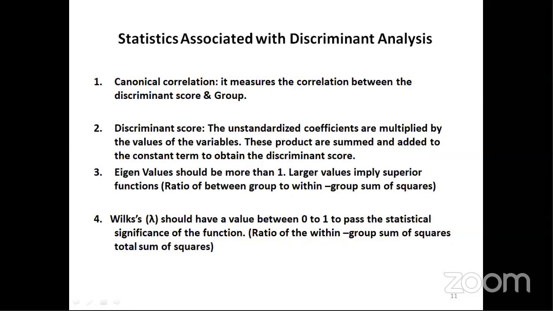Again, if you have two groups in your dependent variable, suppose satisfied and non-satisfied, we'll have one function. Suppose there are three groups, high, low and medium, so we'll get two functions, and for each function we have to estimate the eigenvalue, right? क्या समझ में आ रहा है?